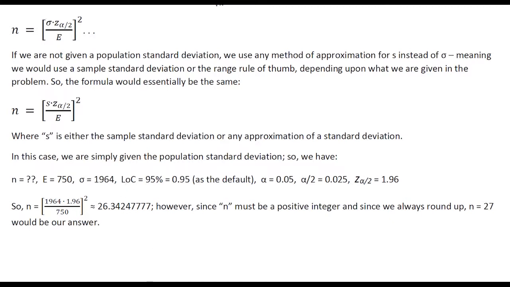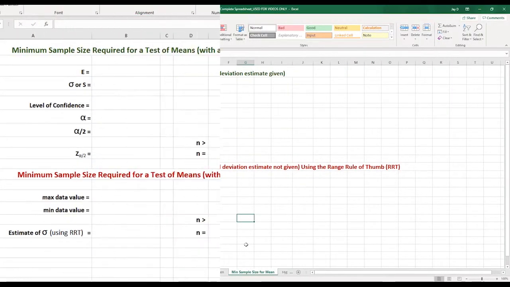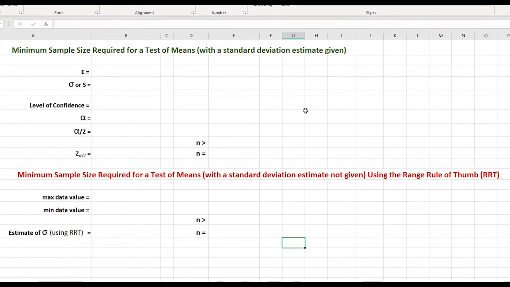Let's go to spreadsheet mode. Okay, so here I have a spreadsheet all set up for us. We have E. Remember, that was 750. If you don't believe me, go back to the problem and check it out. Sigma or S, we were given that as 1,964.